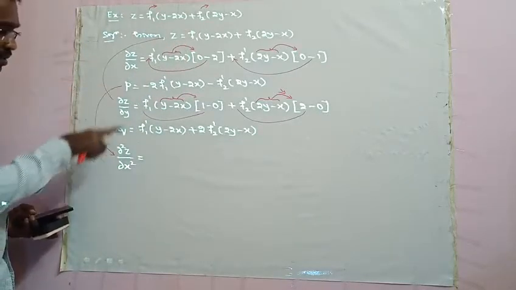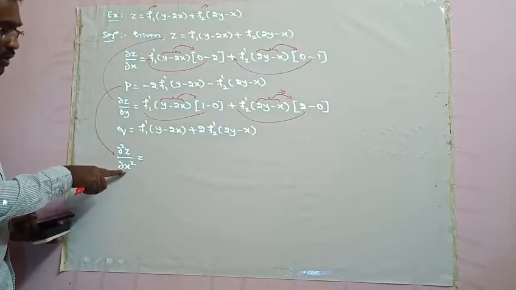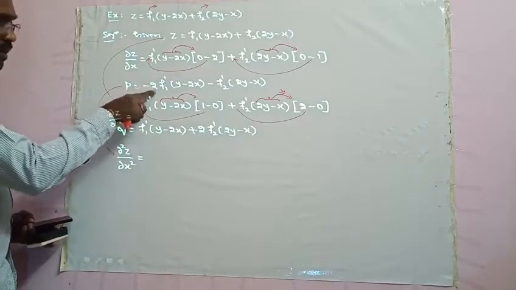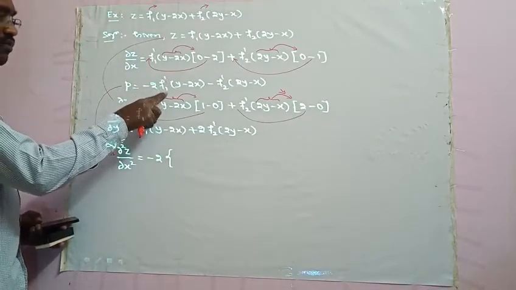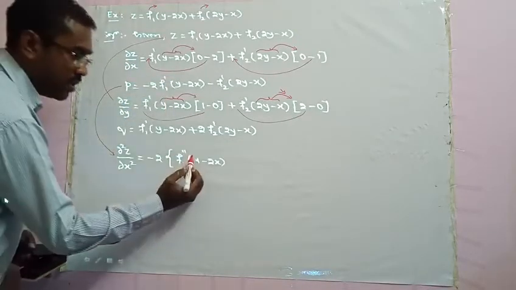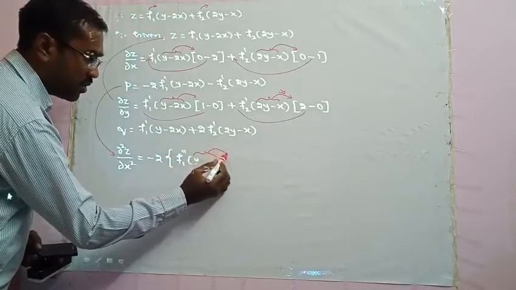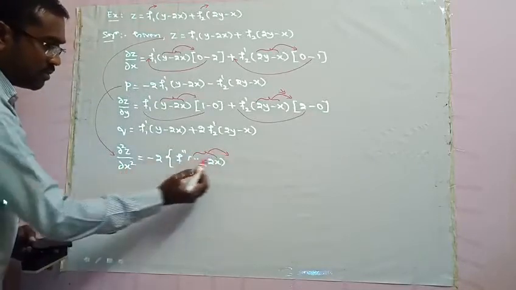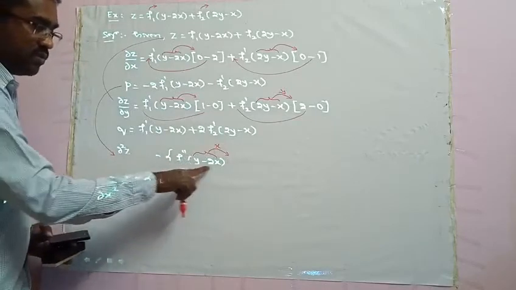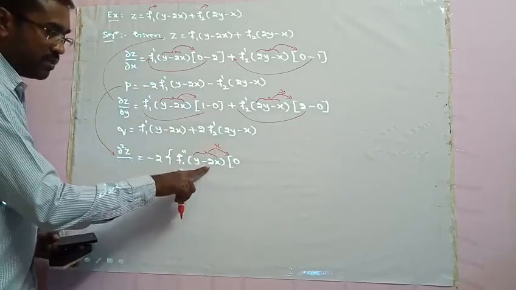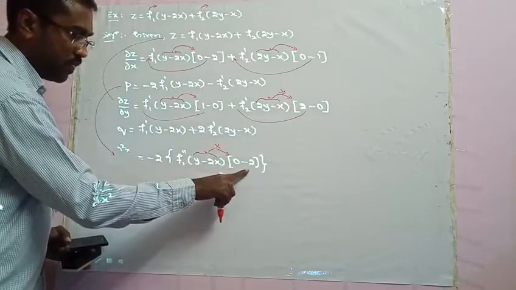Differentiation of p is dou square z by dou x square is equal to minus 2 as it is. Differentiation of f1 dash is f1 double dash into differentiation of this with respect to x. Differentiation of y is 0 minus differentiation of 2x is 2.